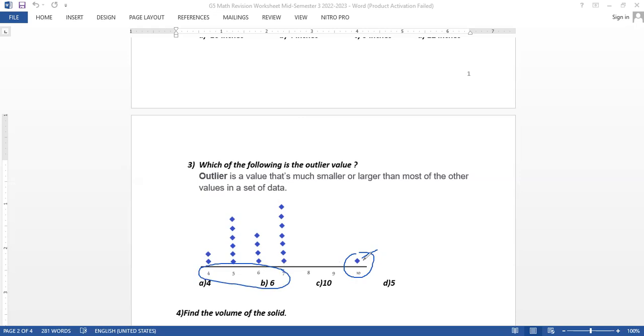This value is very much larger than the other values. So the value is 10. If most of the students get 4, 5, 6, and 7, and one student gets 10, this value we call an outlier.